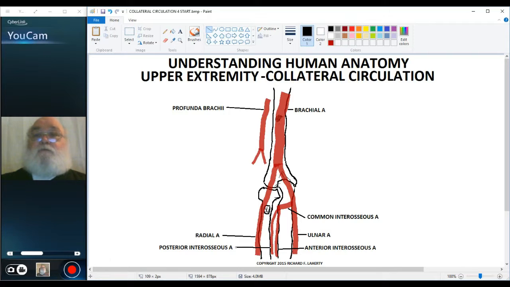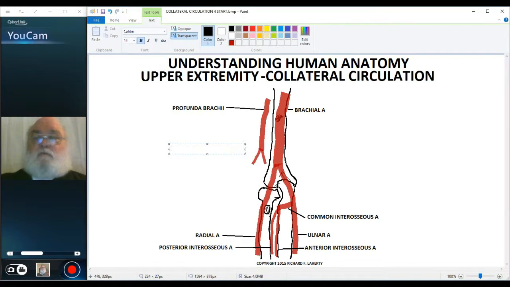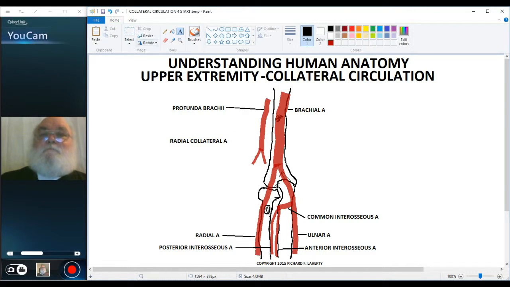The terminal branches of profunda are the radial collateral, and the medial collateral.